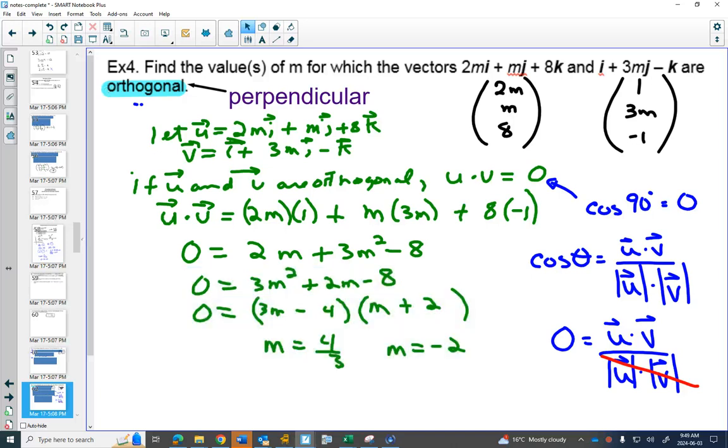We get a quadratic equation, which you can factor and solve. All right, everybody good?